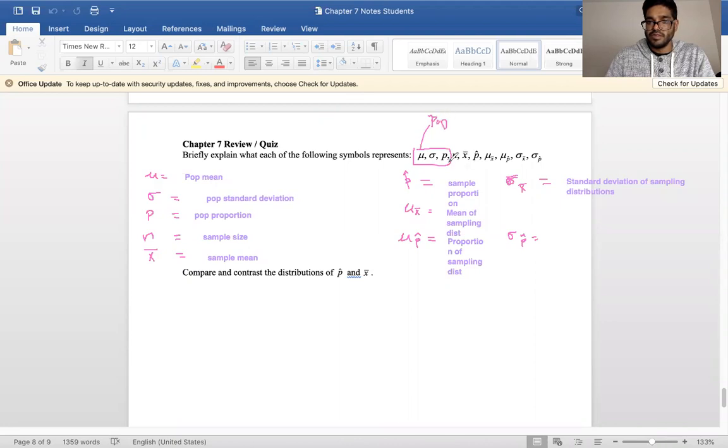The next three are your sample. And the last four are your sampling distributions. Keeping track of all those symbols is going to be important, so you know what each thing is talking about.